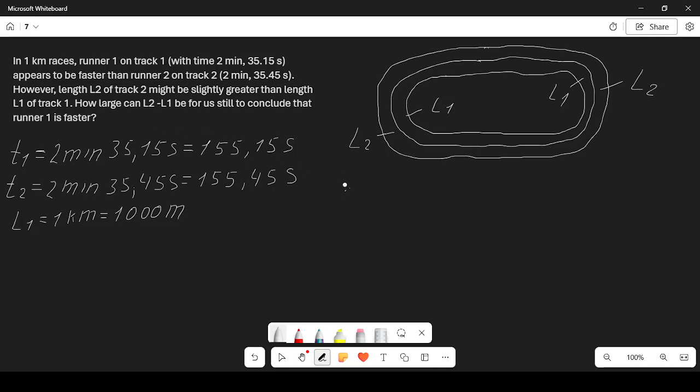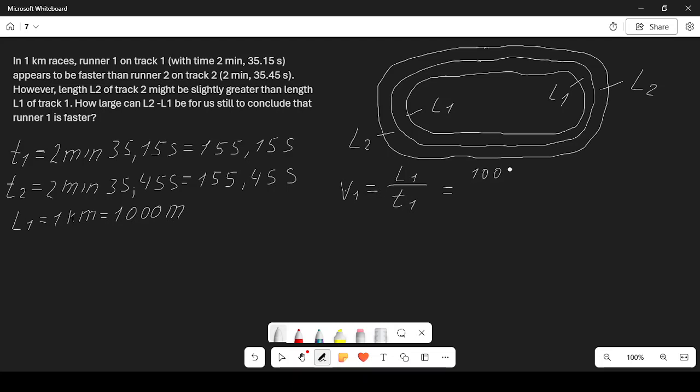Now we can find the speed of runner number 1: the distance he made divided by the time he spent on it. We know the distance, it's 1000 meters.